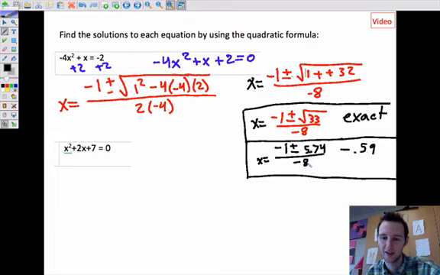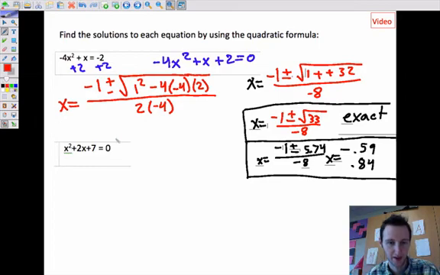All I'm doing here is just calculating the decimal. So I could also have -1 minus that, which would be -6.74 divided by -8, which gives me an answer of 0.84. So those would be the two approximate answers. And again, on a test I'll have you write both the exact answer and the decimal approximations.